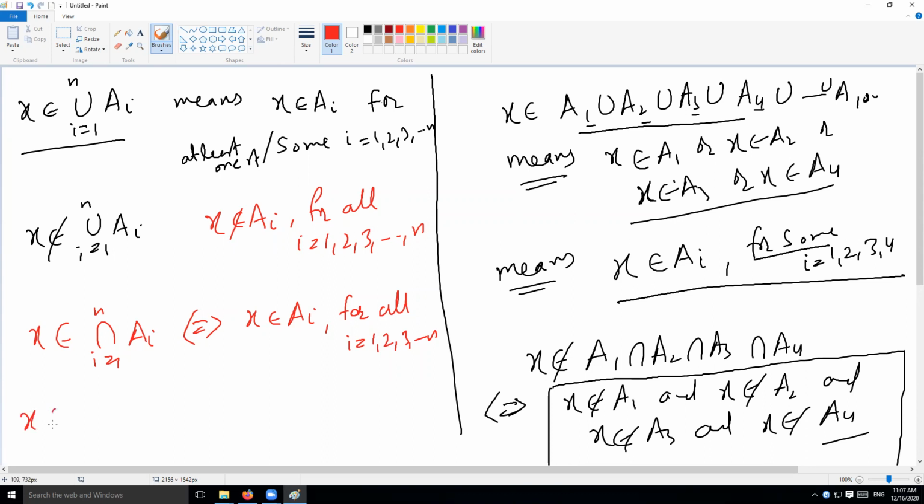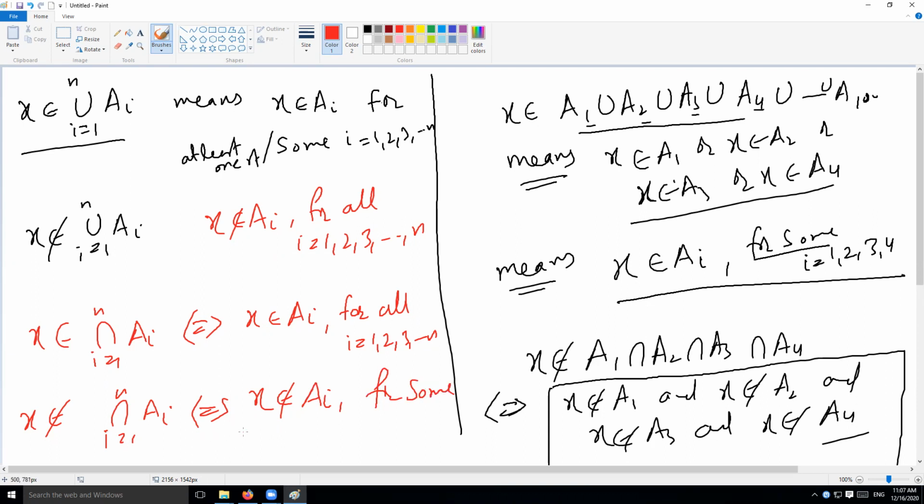How about if I say that X does not belong to the intersection of I equal to 1 to n AI? What does it mean? What would be the outcome? X does not belong to at least one. Yes, so you're gonna say that X does not belong to AI for some, at least there is one.